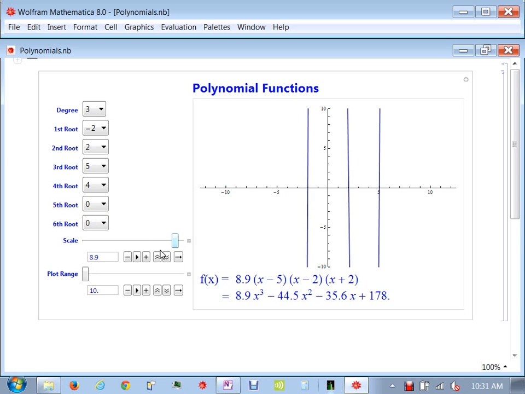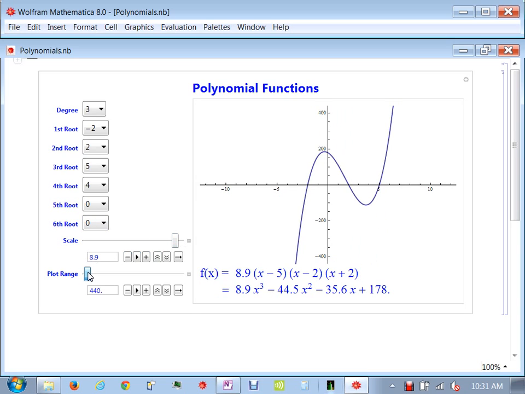So we can't get that precision. If I change scale, you would have to go all the way up to near 200 to get to that maximum point. You don't need to worry about that. Questions? When you take calculus, you find the maximums. These points are called local maximums and minimums, and you find those.